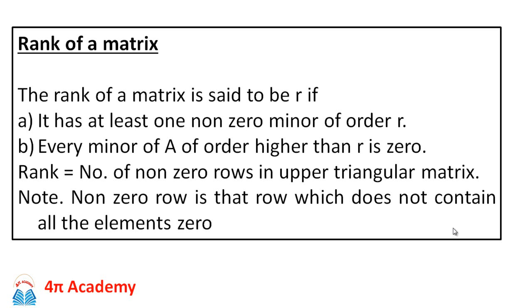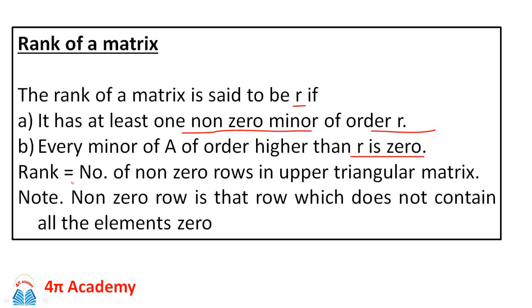First, what is meant by rank of a matrix? The rank of a matrix is said to be R if it has at least one non-zero minor of order R, and every minor of A of order higher than R is 0.